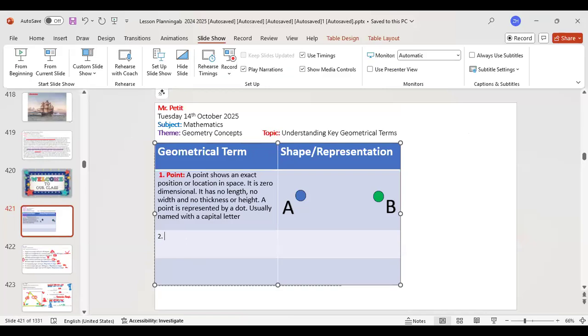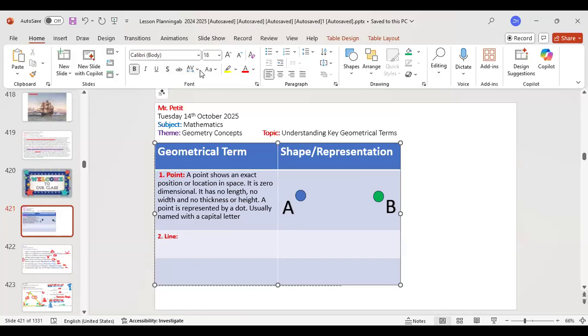Next is a line. A line is a collection of points.